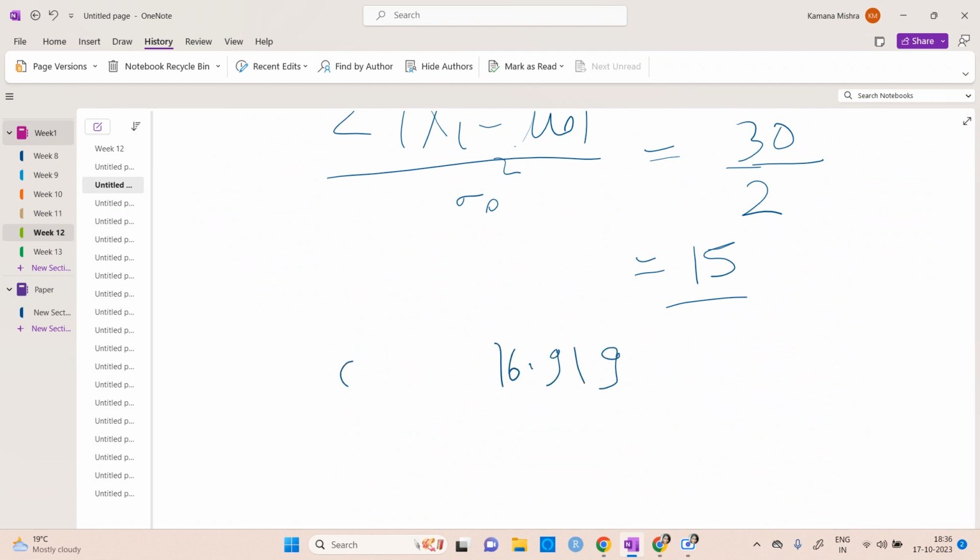16.919 is our chi-square. Now we can see that the chi-square value is greater than this W. What does it mean? Whether we reject or accept?